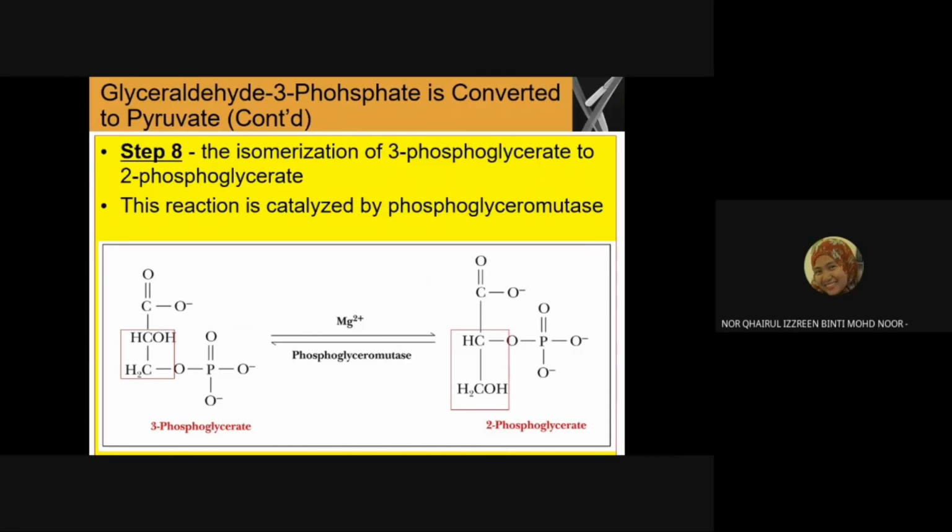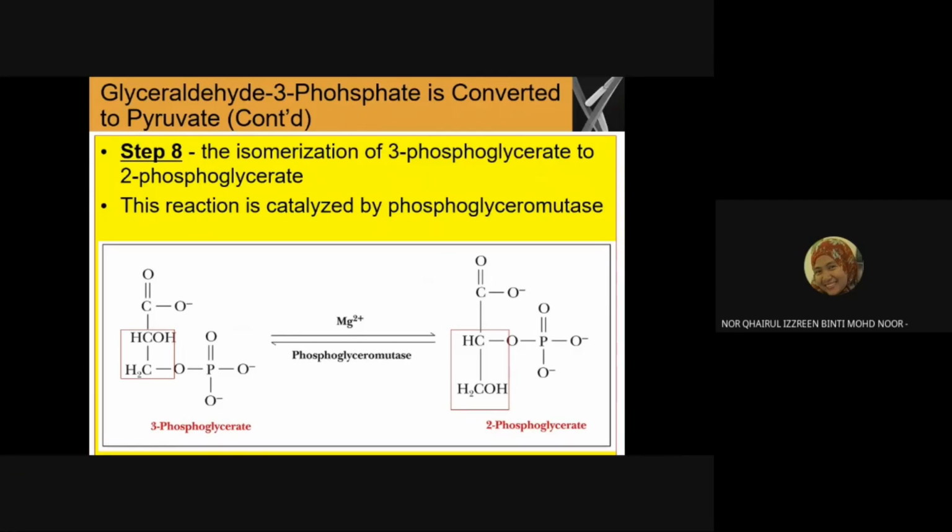So in the name phosphoglyceromutase, mutase is the class of enzyme that moves one group, here the phosphate group, from the molecule of phosphoglycerate. That is the function of mutase.